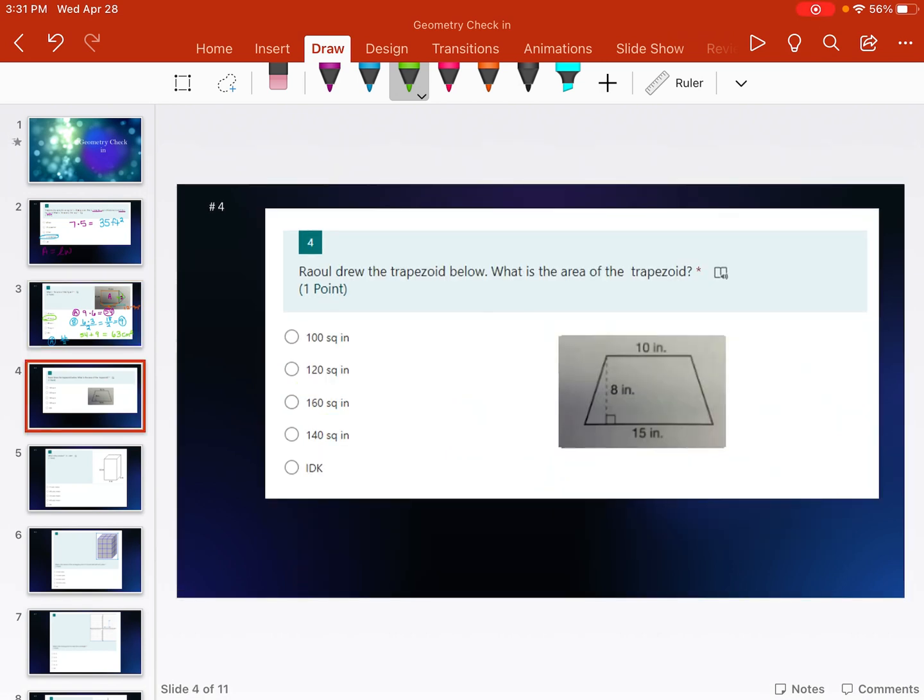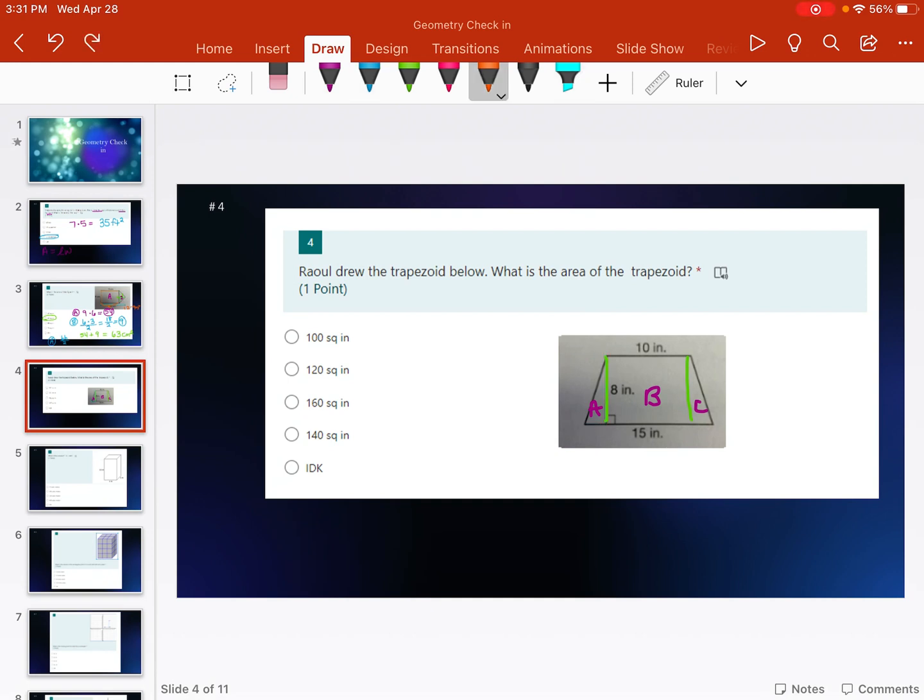All right, finally, this trapezoid, Raul drew the trapezoid below. What's the area? So again, we're going to cut this into our 3 shapes. So we've got A, B, and C. A is a triangle. Here I can see it is 8 by something. I'm not sure what the base of that triangle is. So let's talk about it.